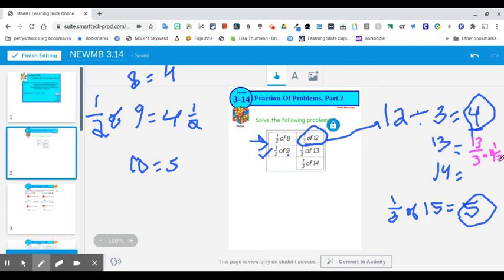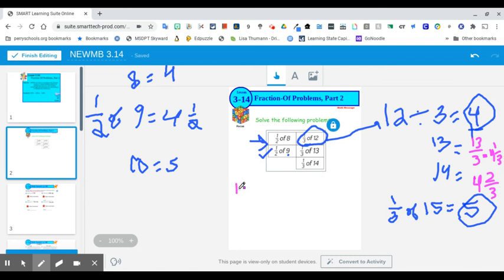So if 1/3 of 12 is 4, 1/3 of 13 is 4 and 1/3. For 1/3 of 14, I'm going to do a conjecture actually. I'm going to guess 4 and 2/3. So we can guess that.